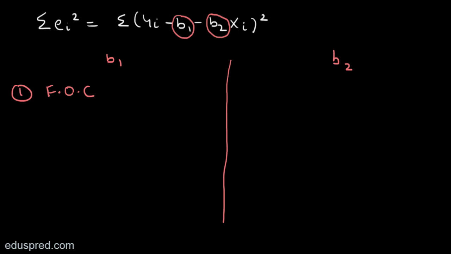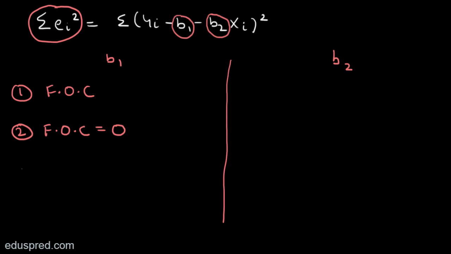FOC is the abbreviation for first order condition, and we find it by partially differentiating this expression with respect to b1. Once we have the first order condition, in the second step, we put it equal to 0. By doing this, we will be able to find the value of b1, which we can call b1 star or b1 OLS.